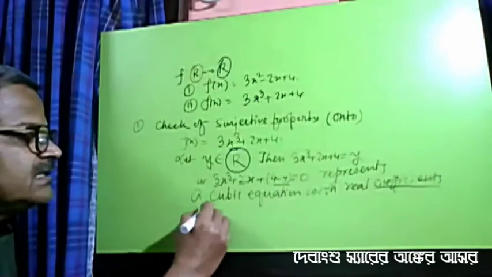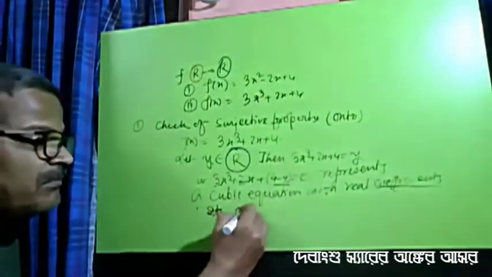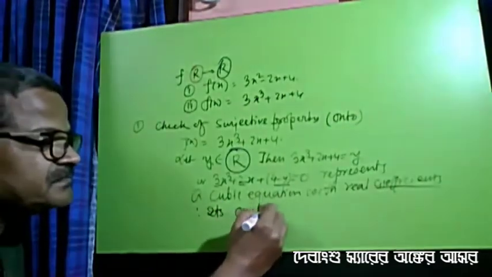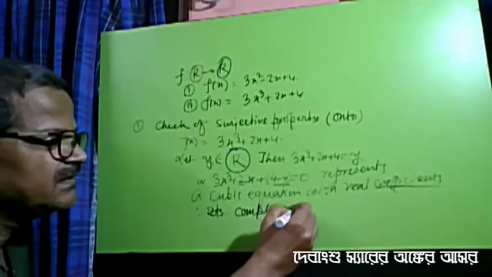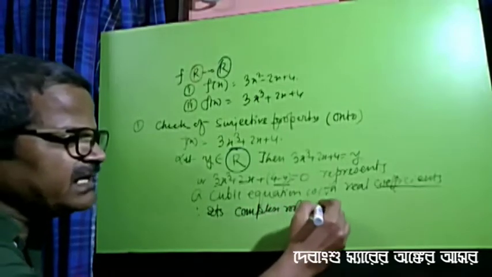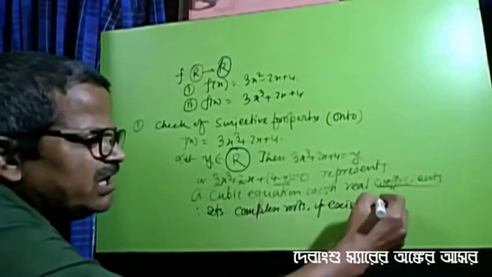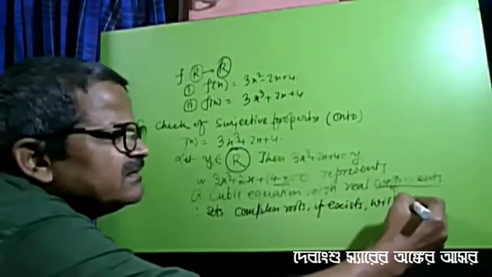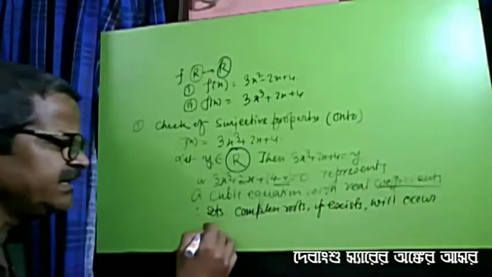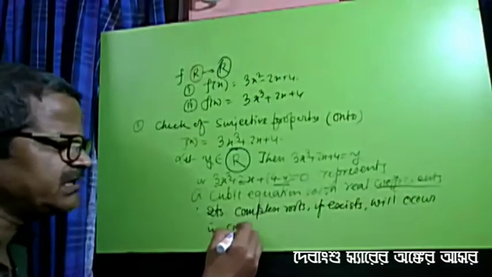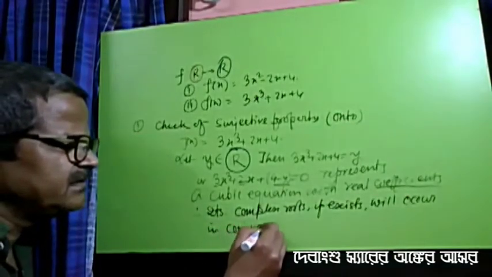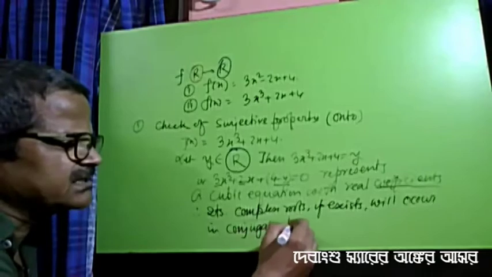Hence, its complex roots, if they exist, will occur in conjugate pairs.